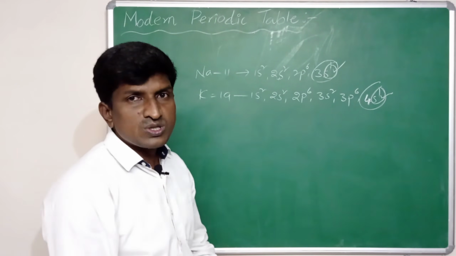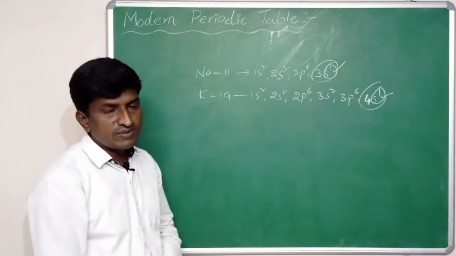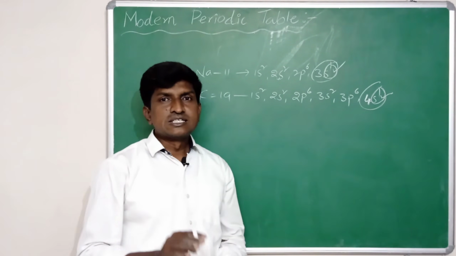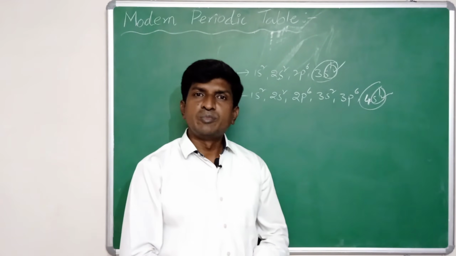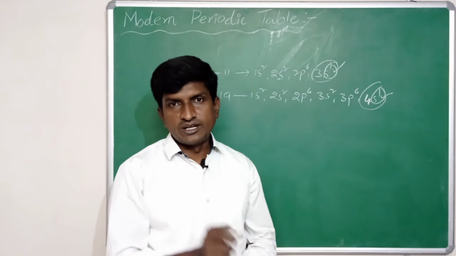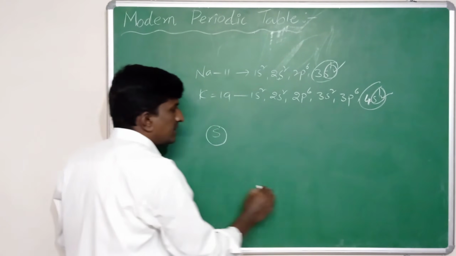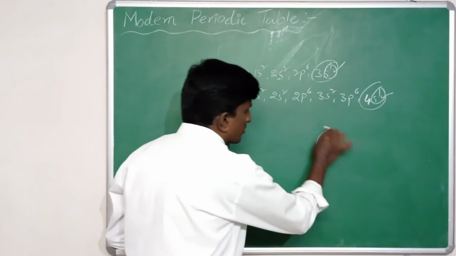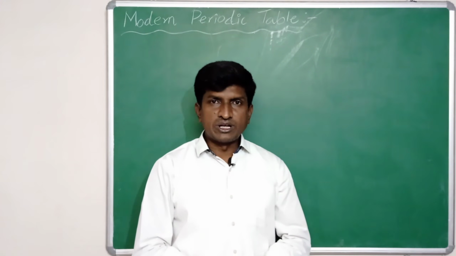So the outermost orbit, the main shell, decides the period of the elements, and there are 7 horizontal rows. These horizontal rows are called periods, and each period starts with an s orbital and ends with a p orbital. In between there may be f orbitals and d orbitals.